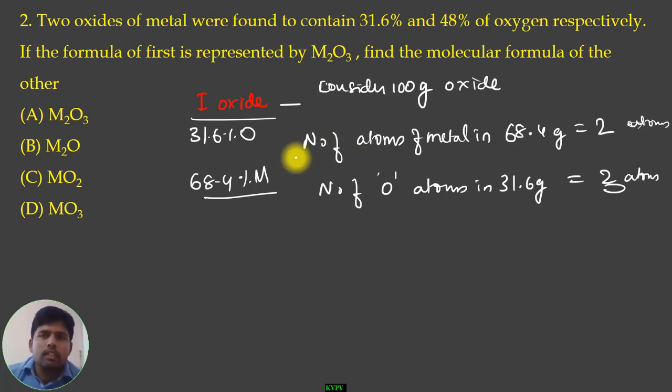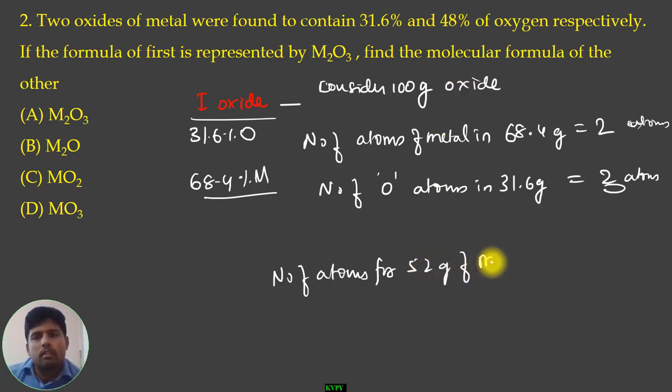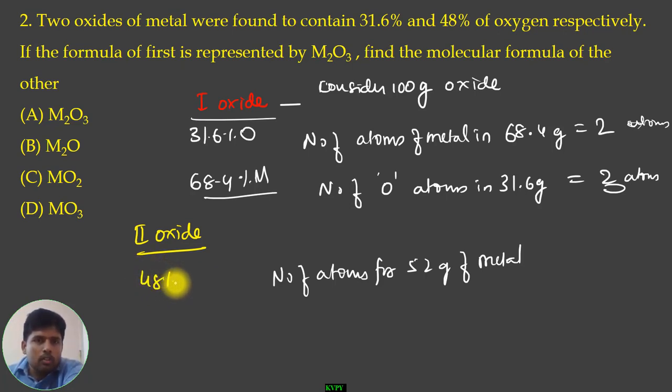Now, the second oxide has 48% oxygen and 52% metal.